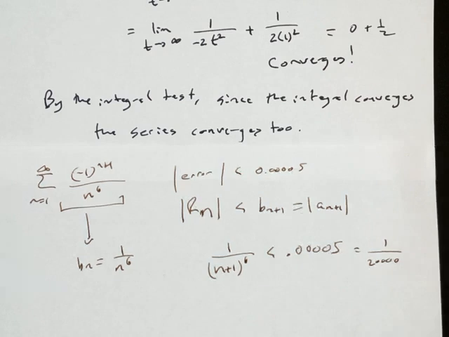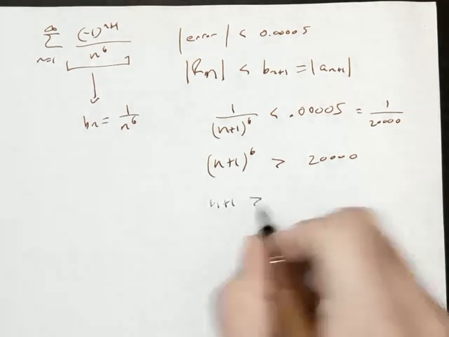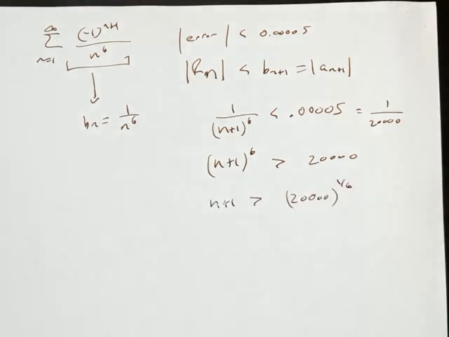Oh, flip both sides. (n+1) to the 6th is bigger than 20,000. So all I need is the 6th root. Grab your calculator. n+1 bigger than 20,000 raised to the 1/6 power. I don't know what that number is.